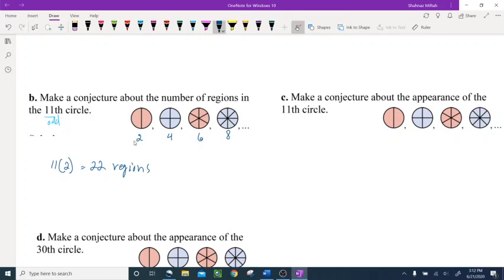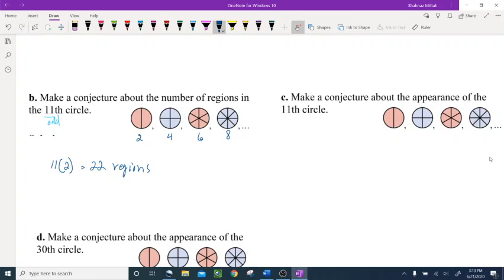You see it? 2, 2, 2, 2 every time. So it has twice as many regions as its number in the list, right? So that's twice of 2. Question C, make a conjecture about the appearance of the 11th circle.